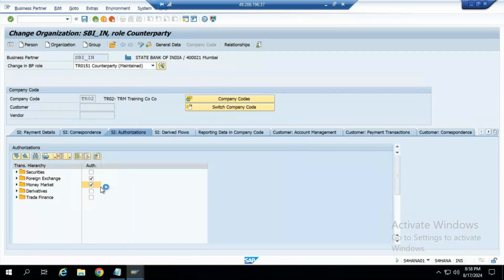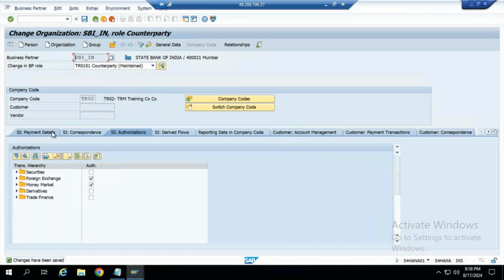If you define that, and we authorize only that, then anyone trying to do a trade finance transaction with this business partner will get an error message from the system saying you have not given the authorization. So the authorization is linked to whether you are allowed to do the transaction with the business partner.